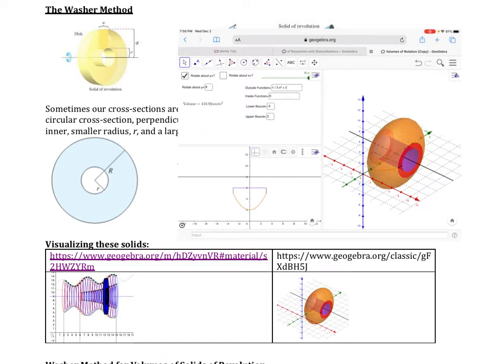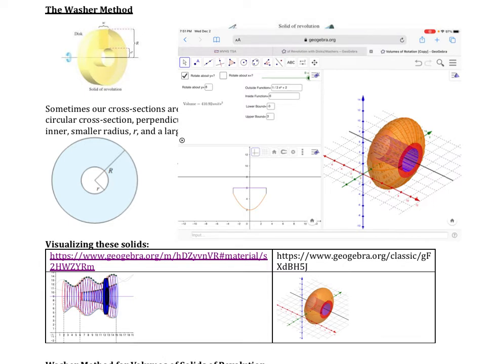The image on the right is the completely rotated shape. If we drag this slider, it's a little choppy today, you can start to see the two shapes take form. If we were to take a slice of this right now, we would see that washer shape.